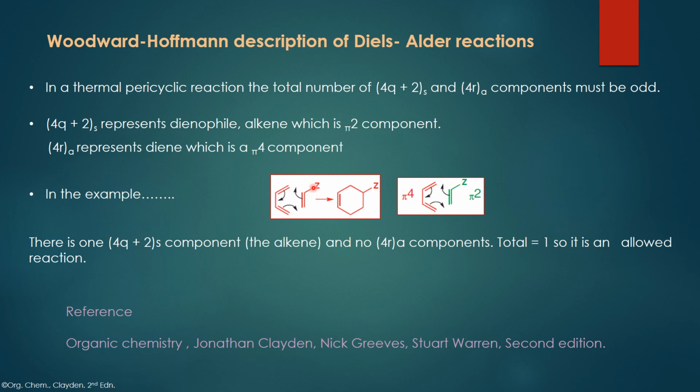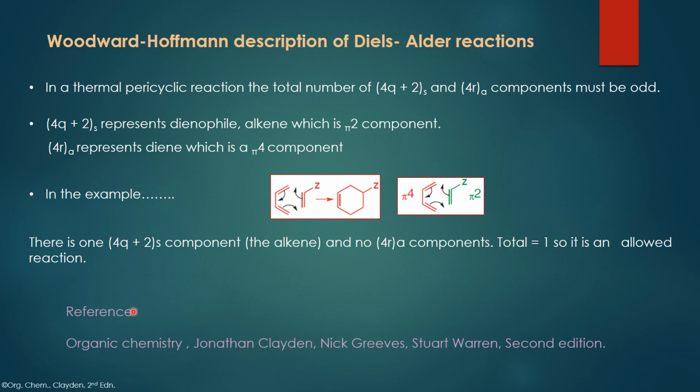Next we have to look whether each is suprafacial or antarafacial. Both are suprafacial components. So 4R A is 0, since there is no antarafacial 4-pi system. But there is a 4Q plus 2 suprafacial component, so that is 1. 1 plus 0 is 1. That means 1 is an odd number, so it is an allowed transition.